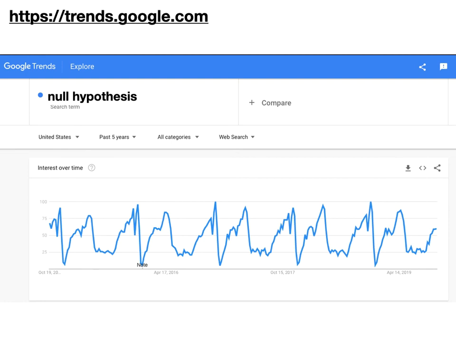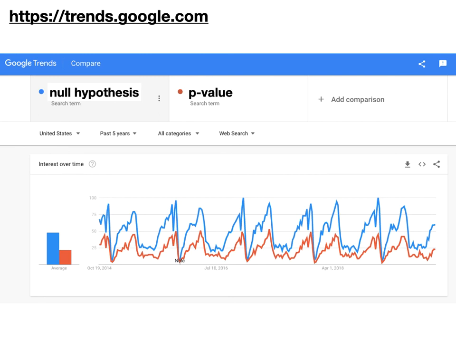You might have to zoom in to see closely, but people search for null hypothesis in a seasonal fashion, where around December and around April, searches for null hypothesis peak, and it's right around final exam times in university. And you see the same kind of trend happening with p-values. P-values are, I guess, a little bit less popular than the null hypothesis, but most of the searches for p-values are happening at these two specific times of year.